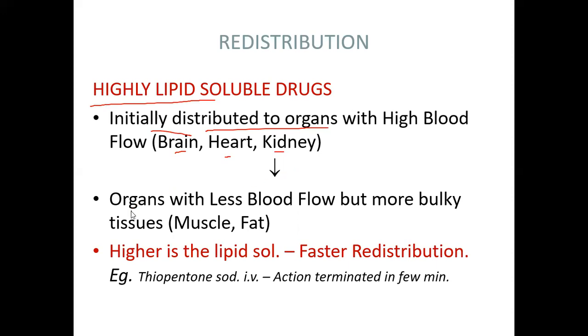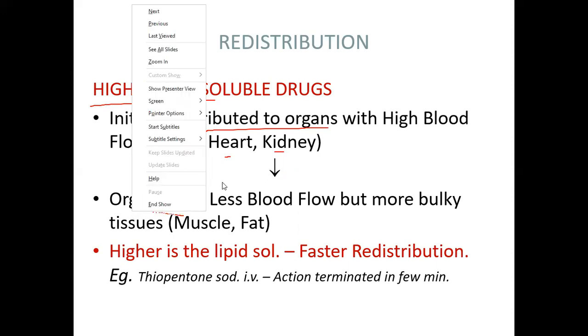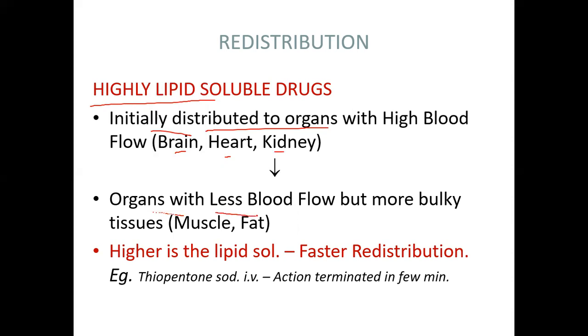And then it reaches the organs with less blood flow and more bulky tissues such as muscles and fat. So this is redistribution: the drug reaching the initial organs with high blood supply, then going to those with lesser blood flow. The clinical utility of this is seen when we give thiopentone sodium, which is a highly lipid soluble drug, for induction of anesthesia.